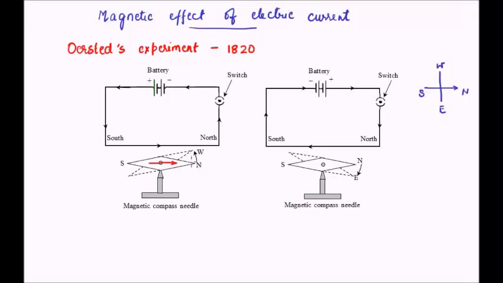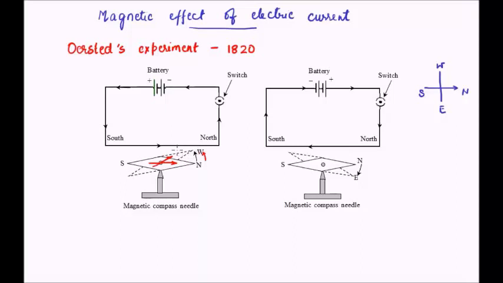But as a result of this passing current, what he observed was that if the magnetic compass was placed below the wire, then the north of the needle started deflecting towards west. So instead of being absolutely south-north, it became something like this, northwest, let's say, southeast northwest.